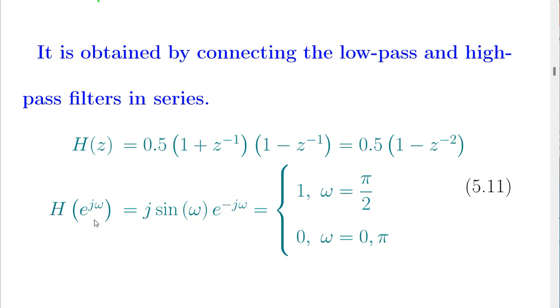Or H of omega will be j times sine of omega times e to the power of minus j omega, which will be 1, permission to pass, for the middle range of frequency, but low and high frequency cannot pass.